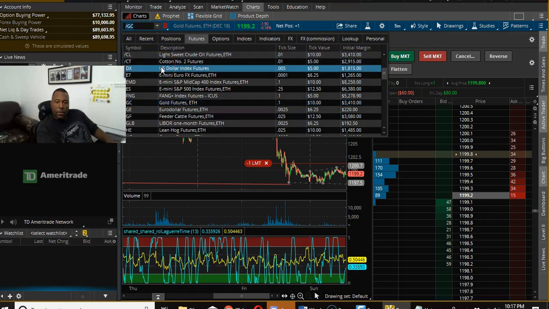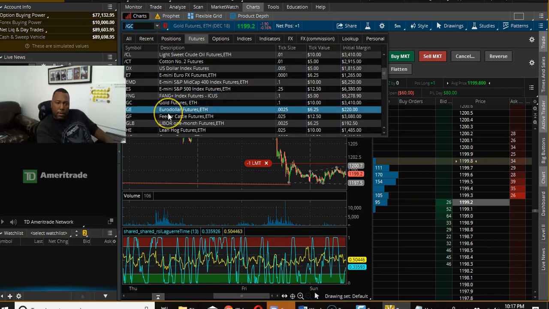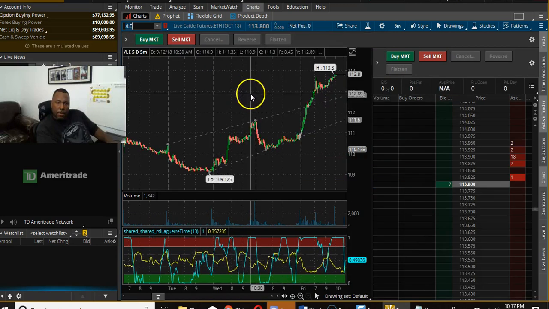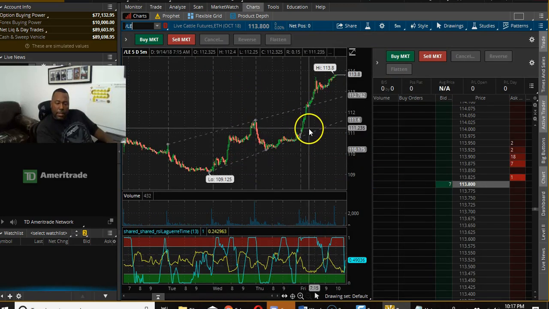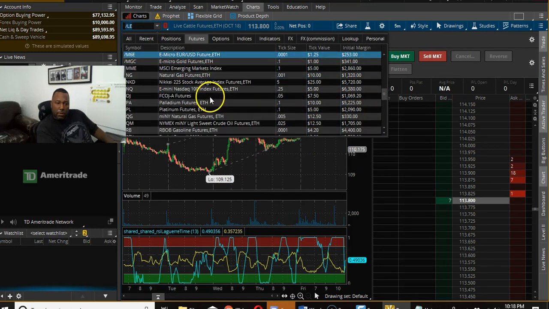So this is the dollar index. I can't find that one. So, down. I was looking at this earlier. Live cattle made a nice move.